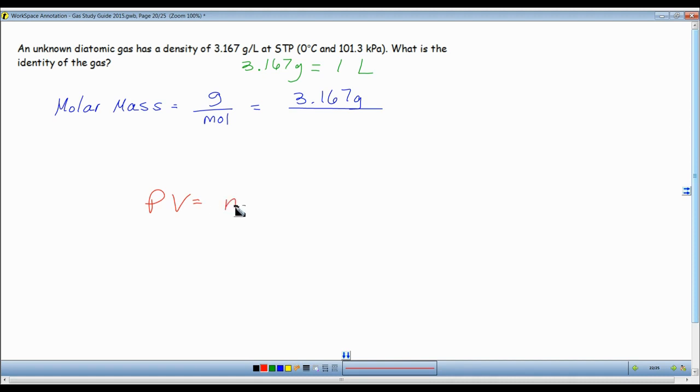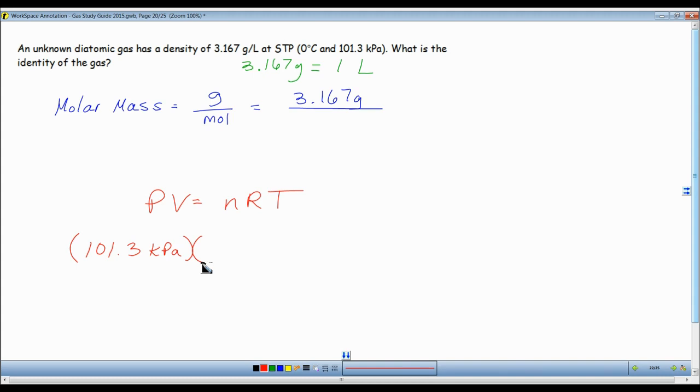PV equals nRT. Aha, okay, so here's the advance. There's a lot going on here. P is my pressure. They tell me that it's at standard temperature and pressure, and then they give me standard pressure, 101.3 kilopascal. Volume. Okay, here's usually where people get tripped up, because they never really come out and tell you a volume.